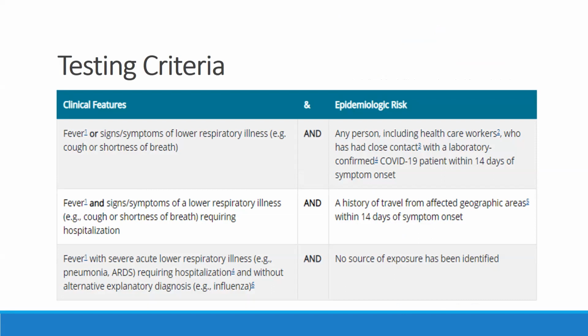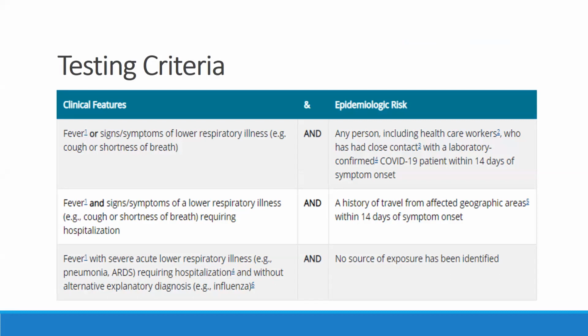And just today, there have been some developments with testing. The FDA has been working with reference laboratories to approve EUAs so that reference labs can start doing COVID-19 testing.